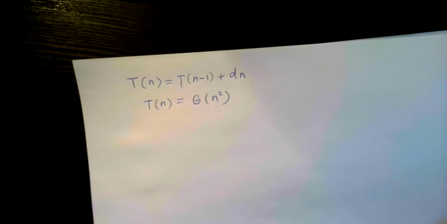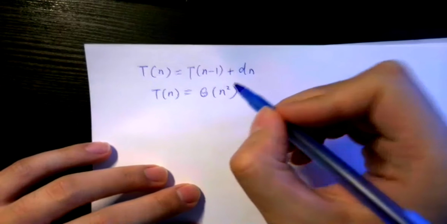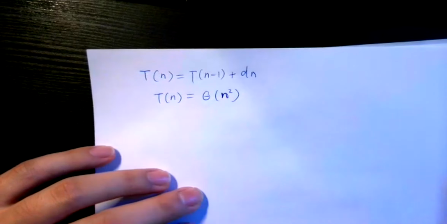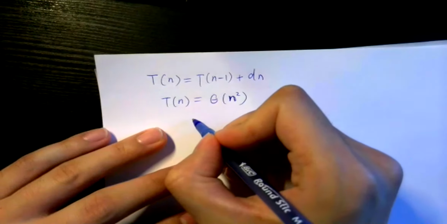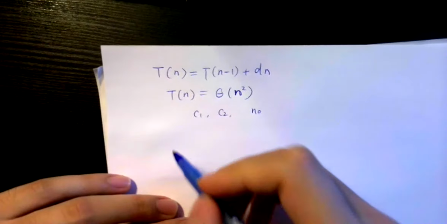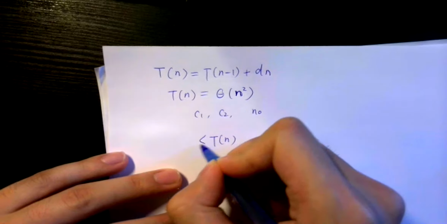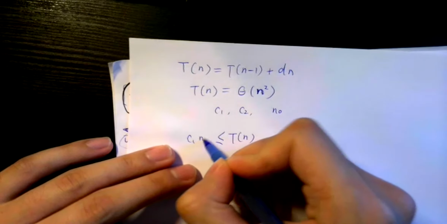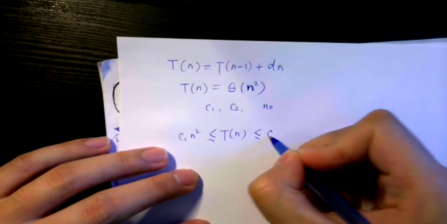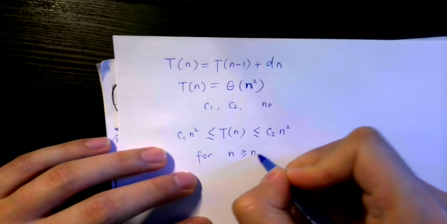Now I will show a more strict proof of why T of n has a tight bound expressed by big theta of n squared. Big theta of n squared means that we want to find constants C1, C2 and n0 so that T of n is greater than C1 times n squared and less than C2 times n squared for any sufficiently large n.